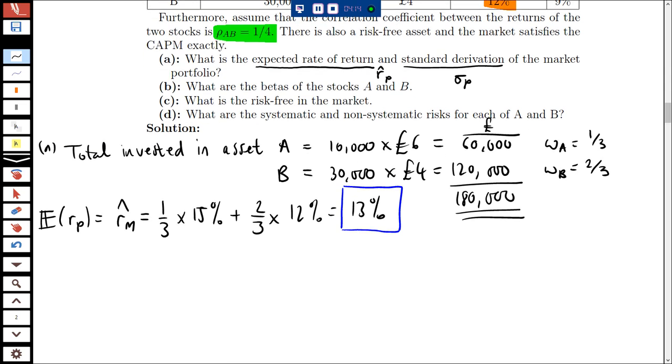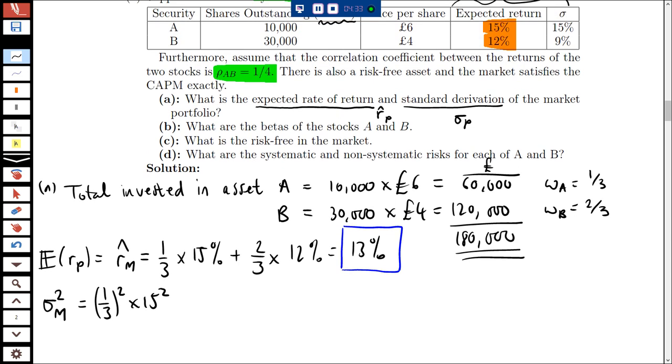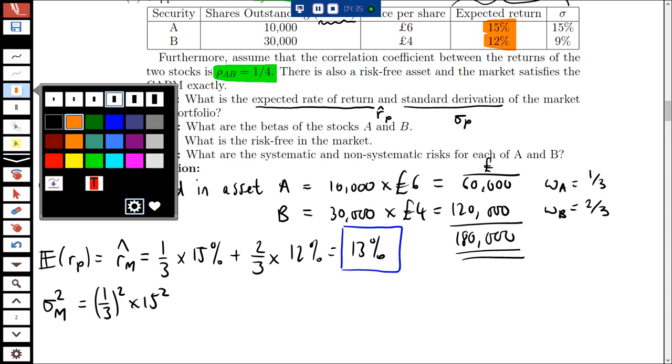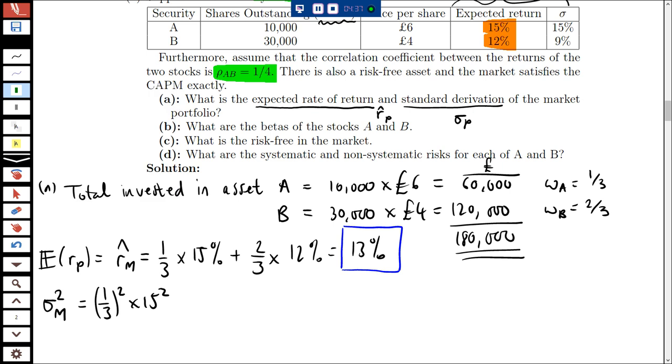Okay, how about the variance on the market portfolio? Well, standard equation, hopefully straight from your mind, maybe with a quick reference to the formula sheet. The risks associated with the individual assets are just up here.